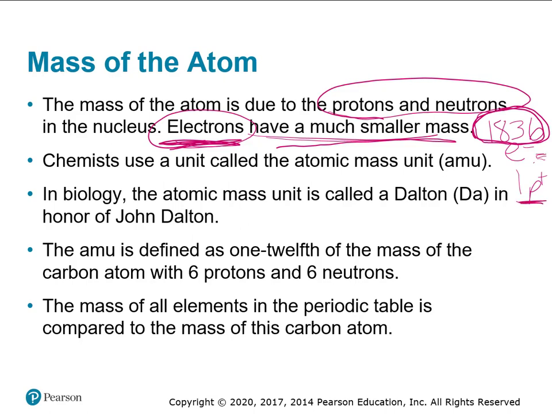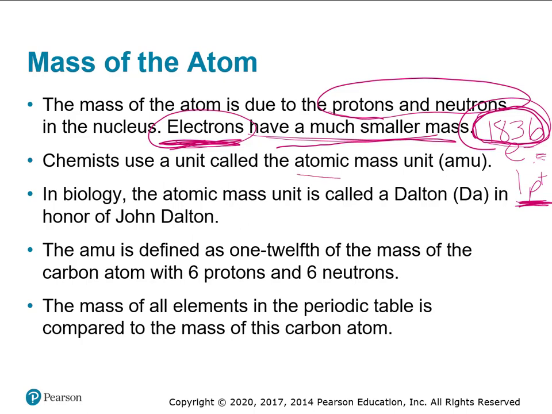If we looked at the periodic table, currently there are 118 known elements. So 118 protons would mean 118 electrons, and that's our largest element. That's not even a tenth of what the mass of 1 proton would be. So we don't count the electrons when we're looking at the mass of an atom.